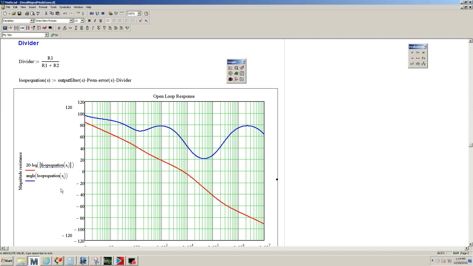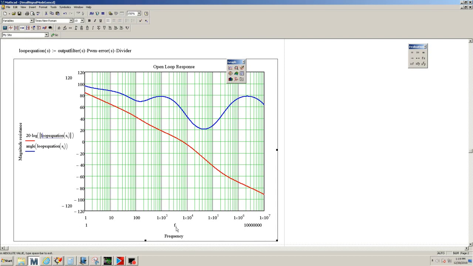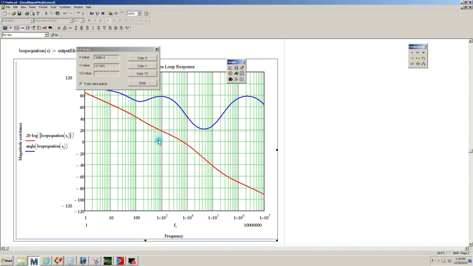That's what makes it plot. Then you plot over frequency F sub 1 I. These are already set up by the first lines of the MathCAD. Now you can see that this is the magnitude of the loop, and this is the phase. Now you should be able to come over here and see where it crosses over. It crosses about, let me see, it goes to 0.